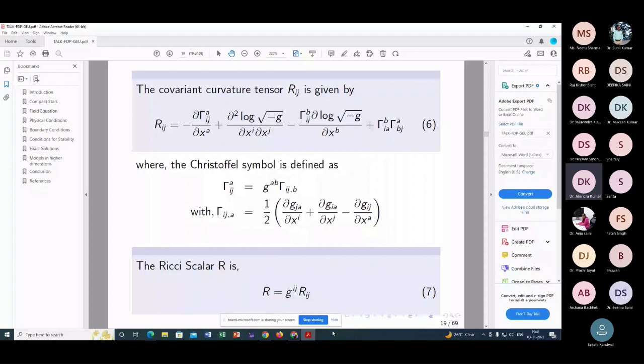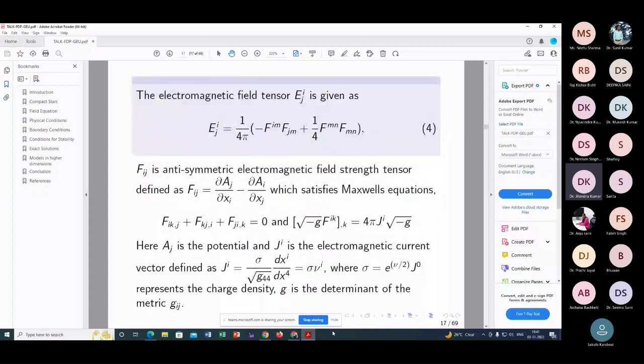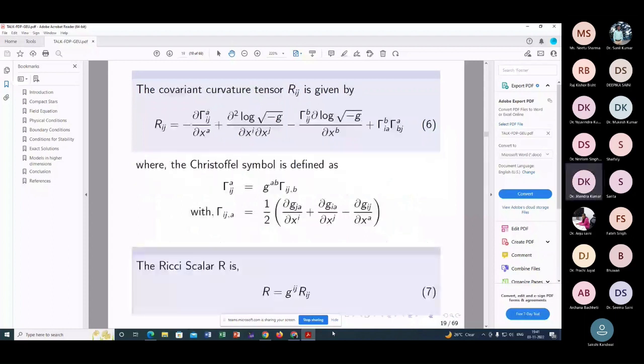After putting these R_ij, E_ij and then T_ij in the Einstein field equations, the field equations turn into three equations, that is equations 8, 9, and 10.